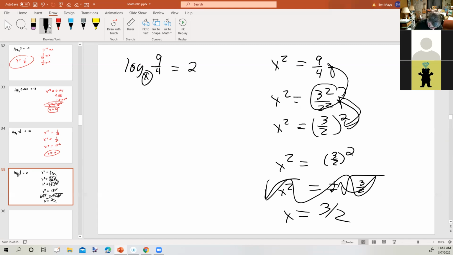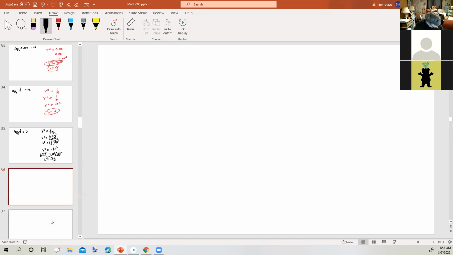Okay, now this says evaluate each logarithmic function, log base 3 of 9. So it's just an expression. Well, it has to be equal to some answer. How about if we just say it's equal to that box?